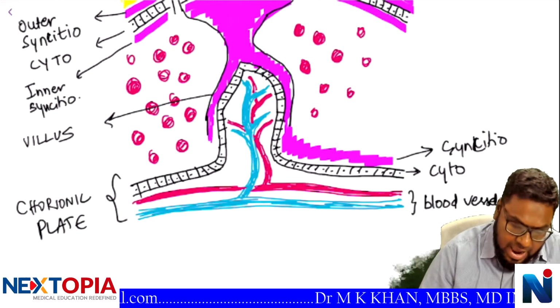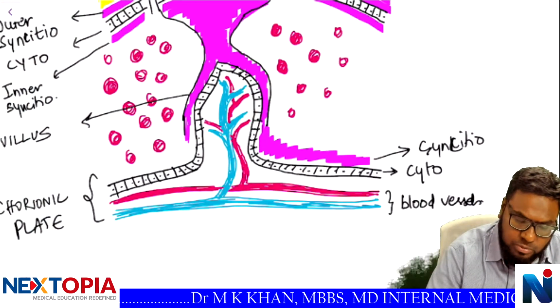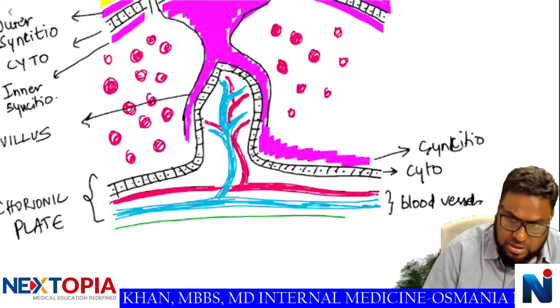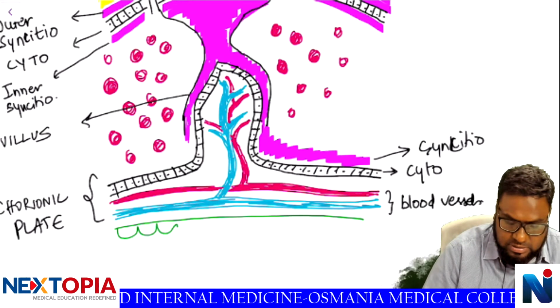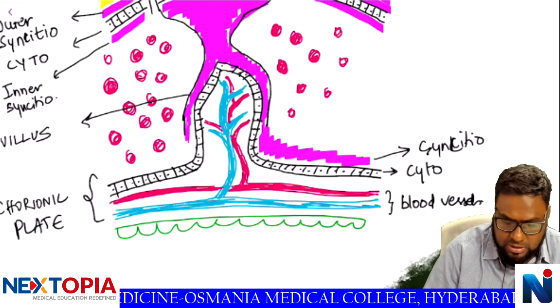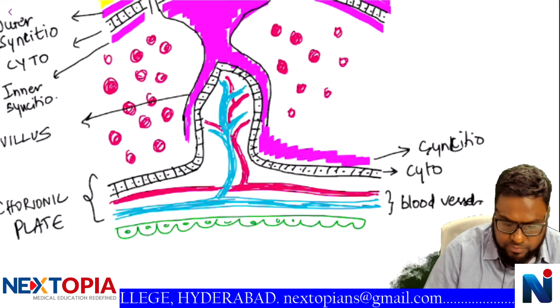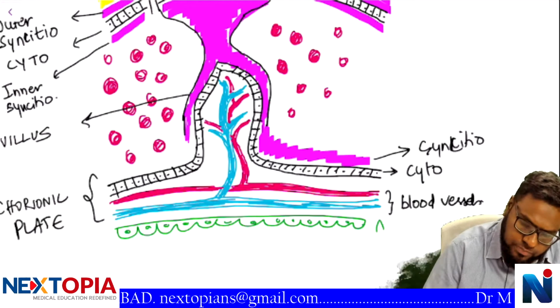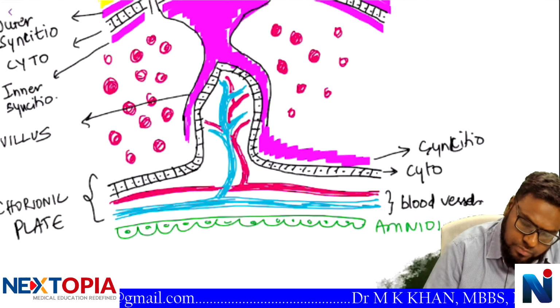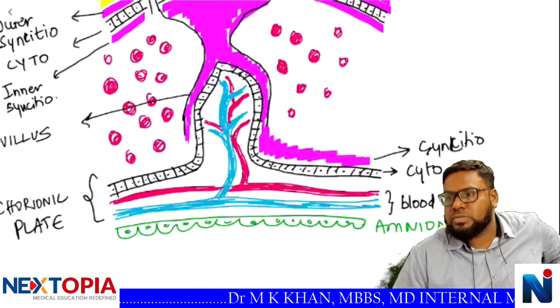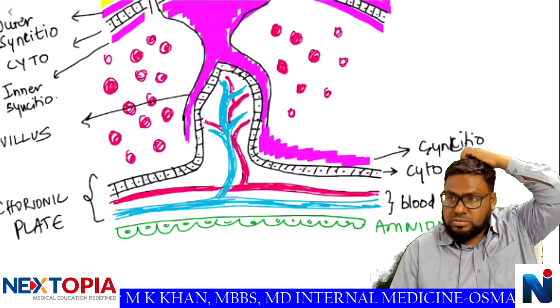All right, and the innermost structure that is surrounding the blood vessels like this. So this is the amnion. Hope you understand this point. This is the amnion, right?